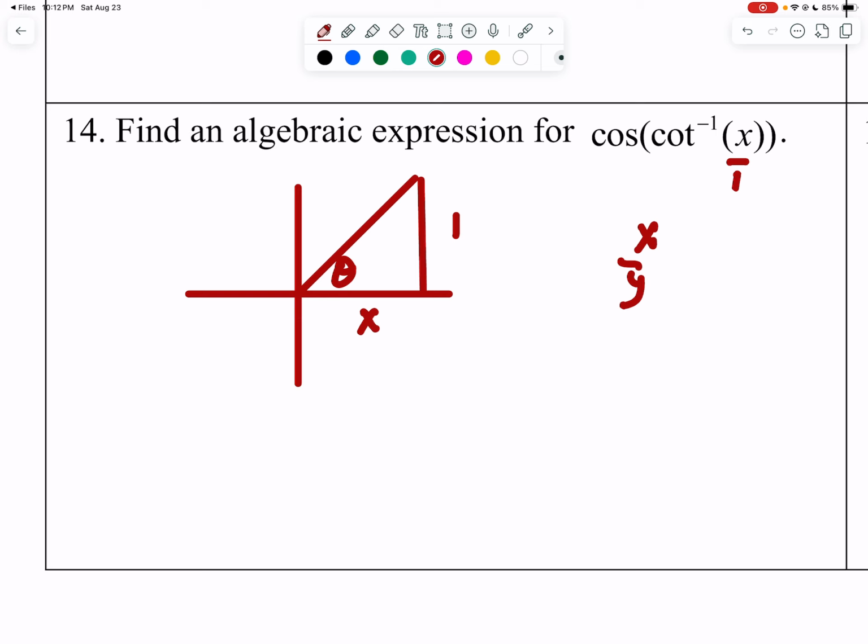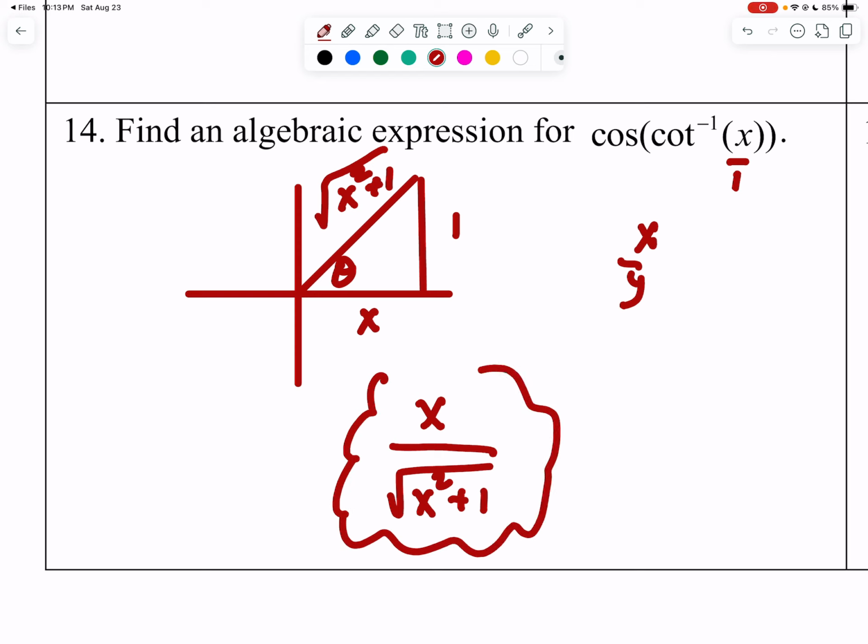And then I could figure out what my hypotenuse is. My hypotenuse is going to be, using Pythag, the square root of x squared plus 1. And then to find cosine of this triangle, I'm going to have adjacent, which is x, over hypotenuse, which is the square root of x squared plus 1. So this right here represents cosine of inverse tangent of x.